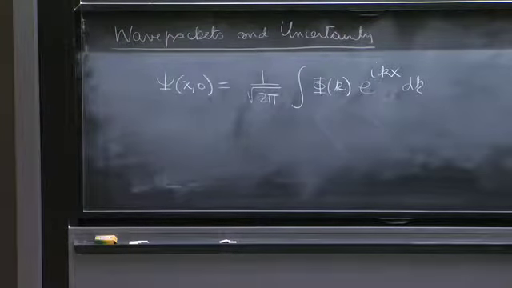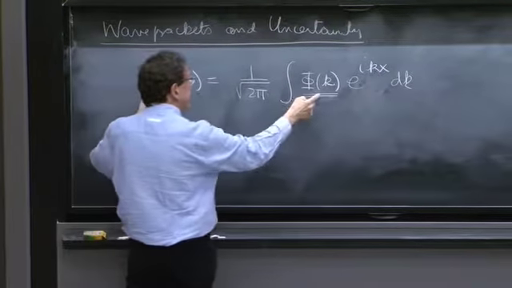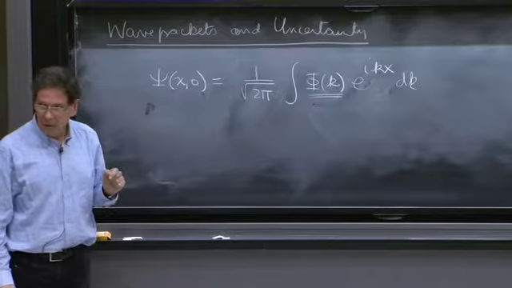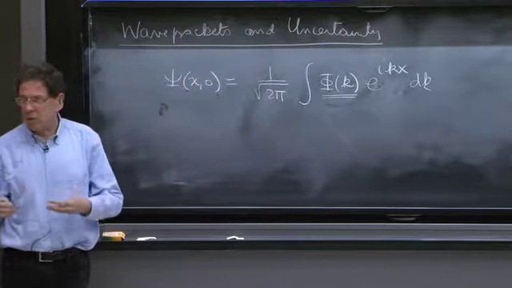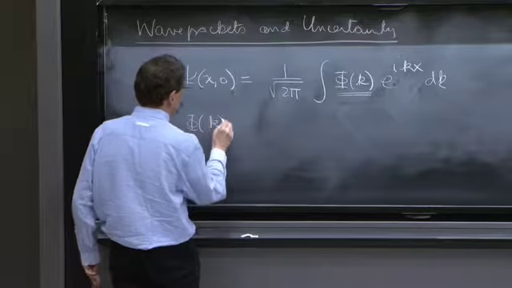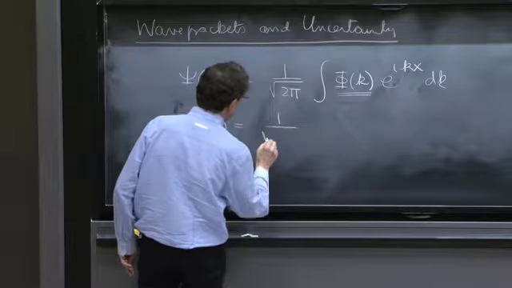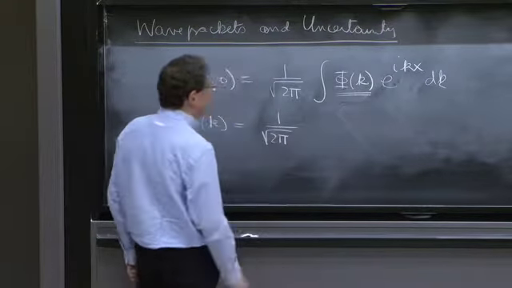But this phi of k, however, suppose you know this wave function at time equals 0. Phi of k is then calculable. Phi of k can be determined, and that's the foundation of what's called Fourier's theorem that gives you a formula for phi of k. And it's a very similar formula, 1 over 2 pi, this time an integral over x.